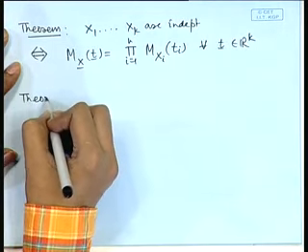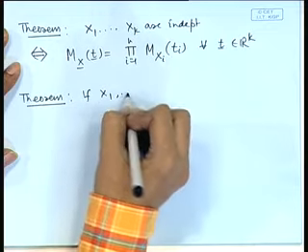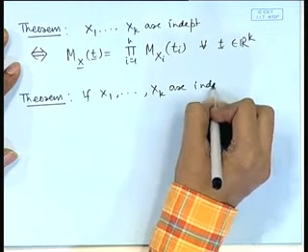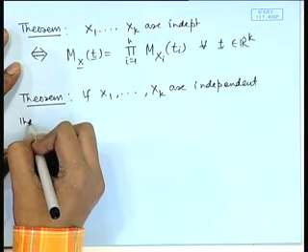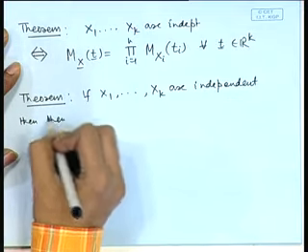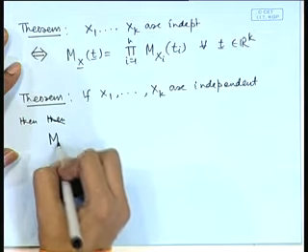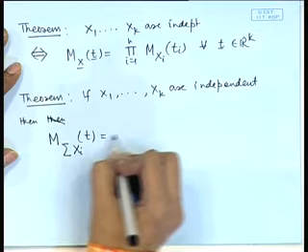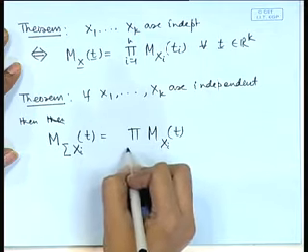Similarly, if the random variables x1, x2, ..., xk are independent, then the MGF of the sum is the product of the MGFs.